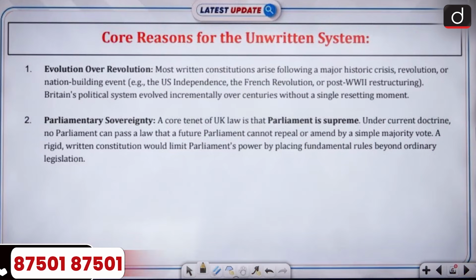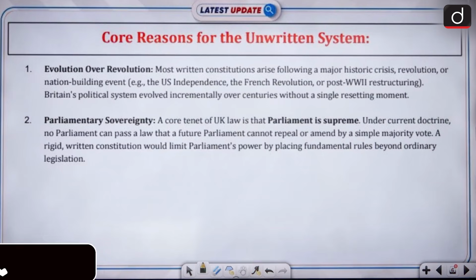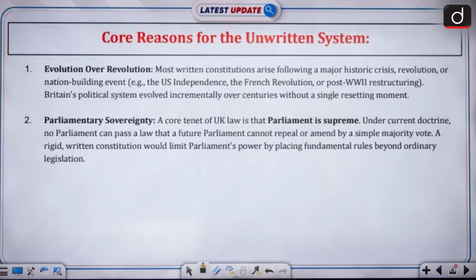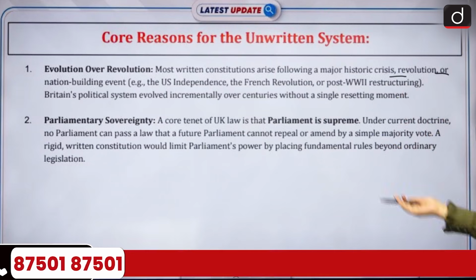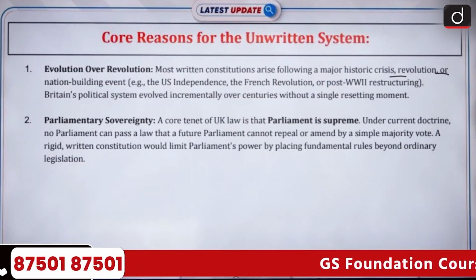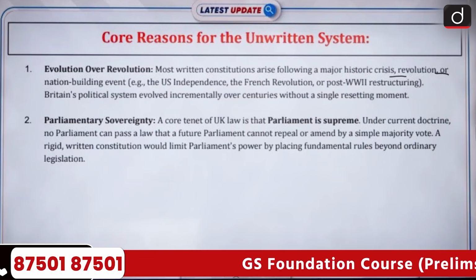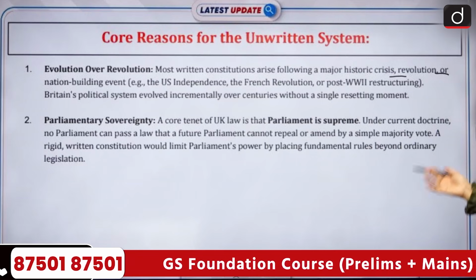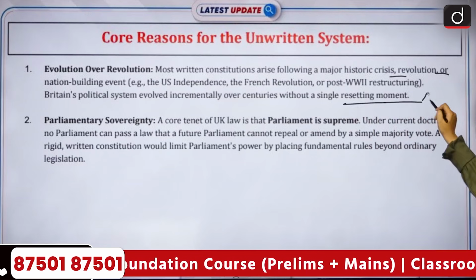But why? Number one, evolution over revolution. Most written constitutions followed a major historic crisis, revolution, or nation-building event, like India's independence, US independence, the French Revolution, post-World War structures. Britain's system evolved incrementally over centuries without a resetting moment.